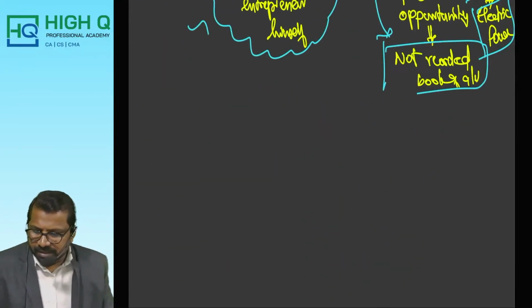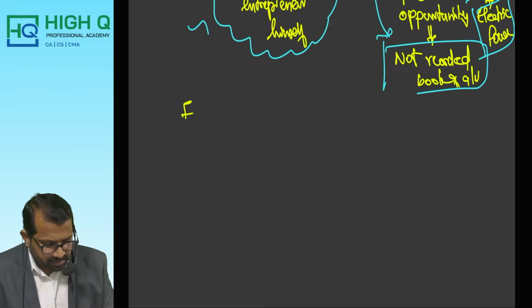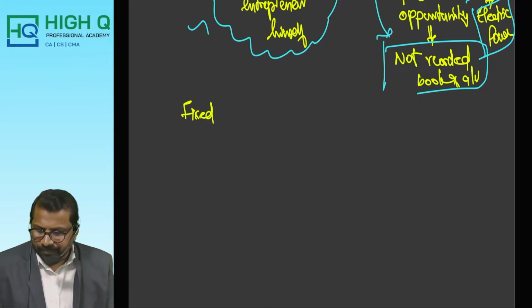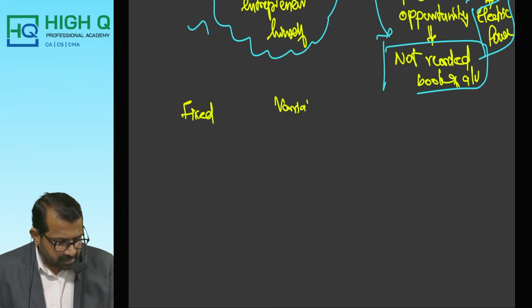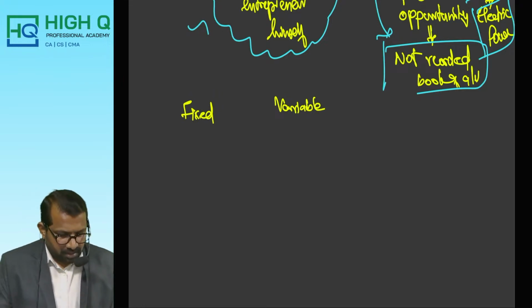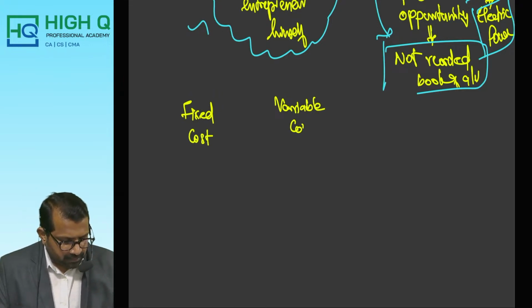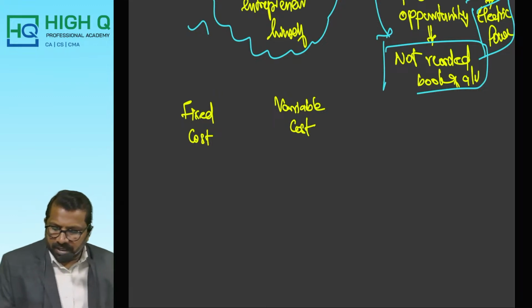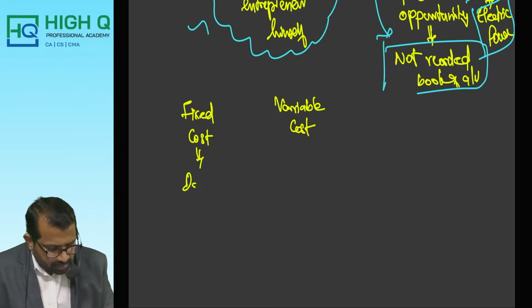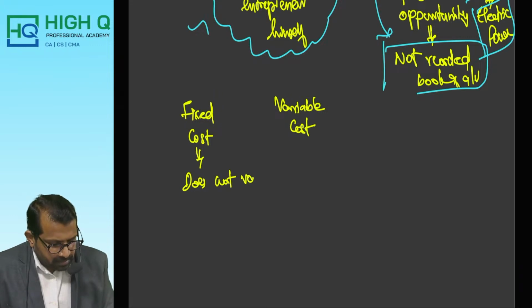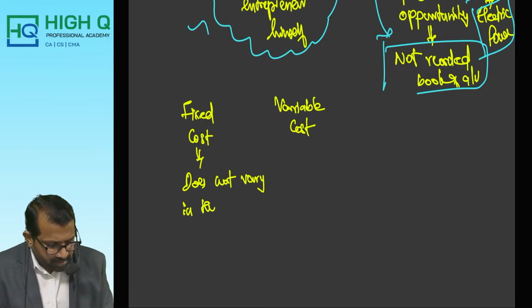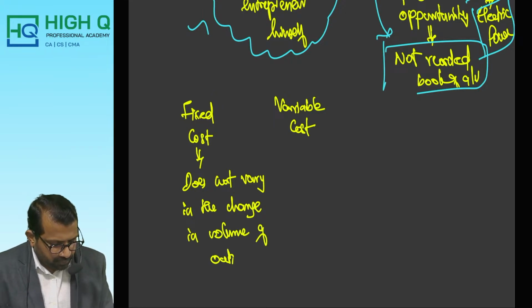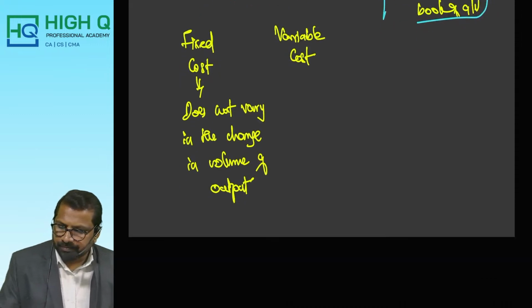The next one is fixed cost, then variable cost. Fixed cost does not vary with the change in volume of output.